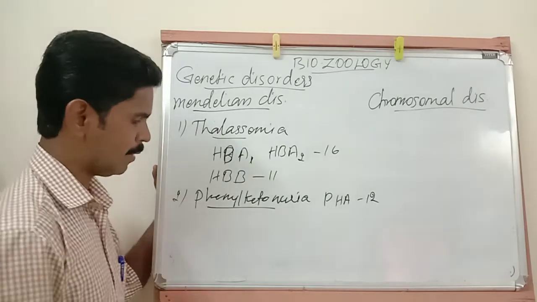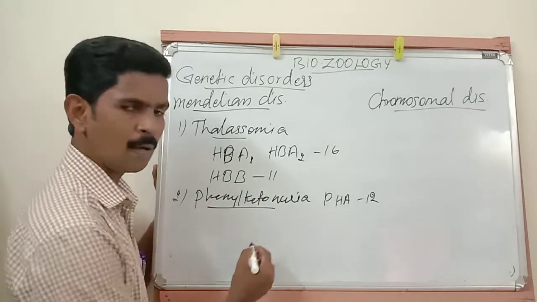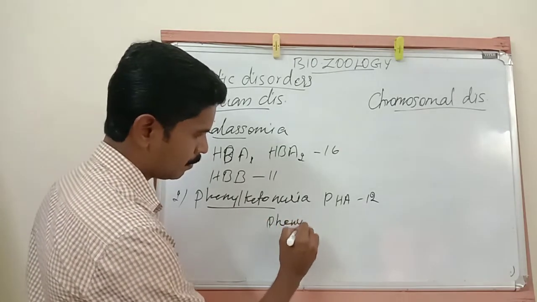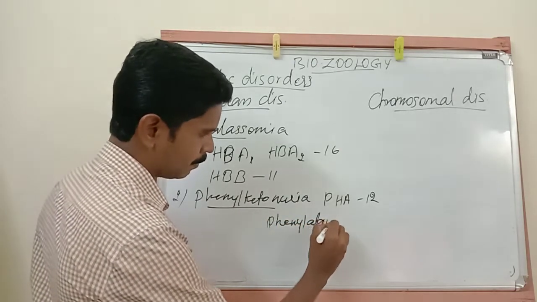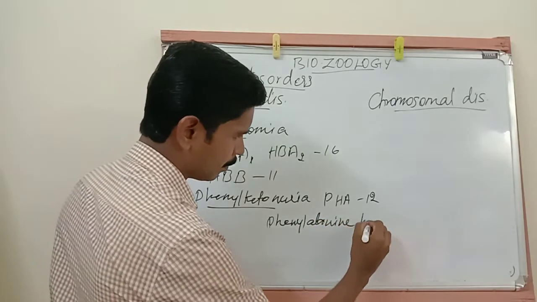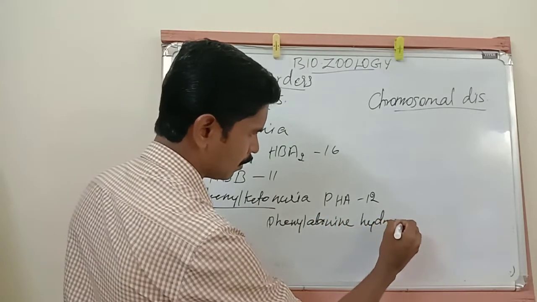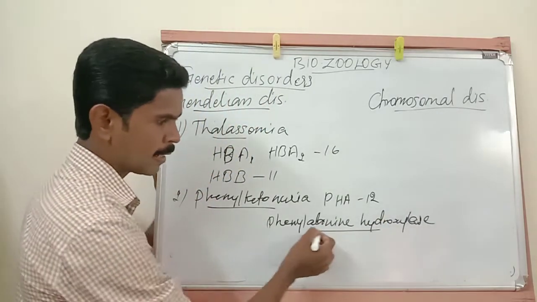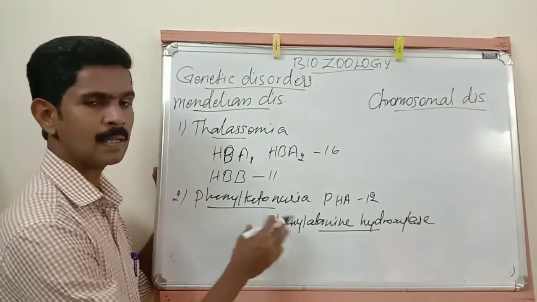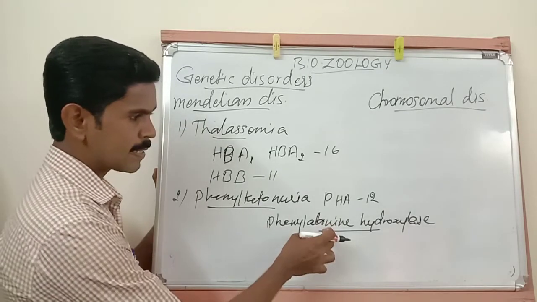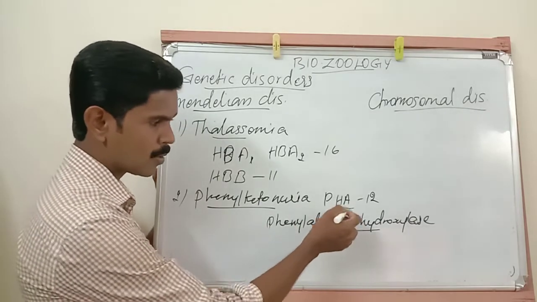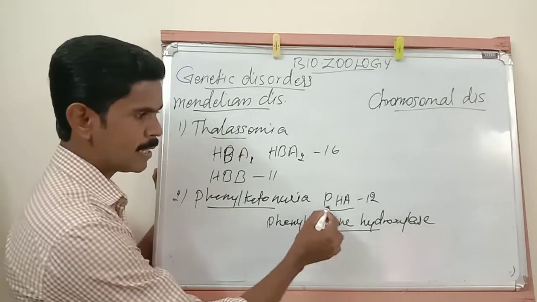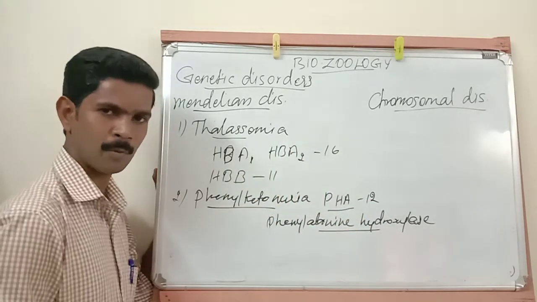Listen very carefully. There is one enzyme, called phenylalanine hydroxylase, which is a very important enzyme. The production of this enzyme is controlled by the PHA gene, located on the 12th chromosome.